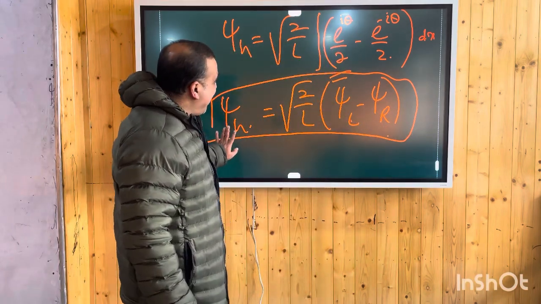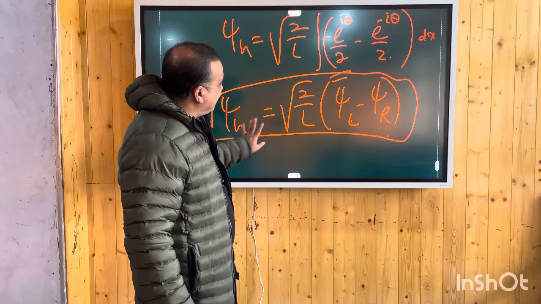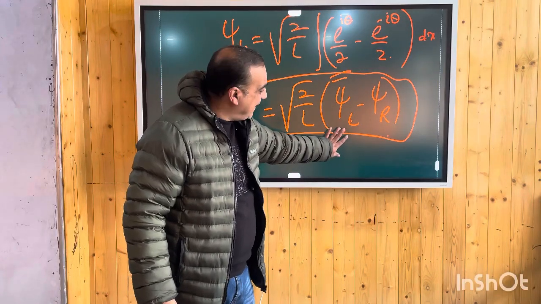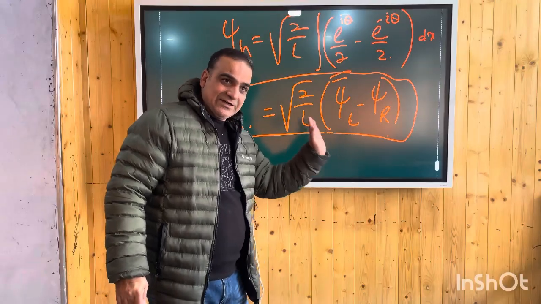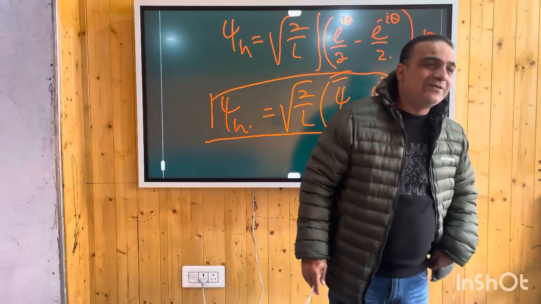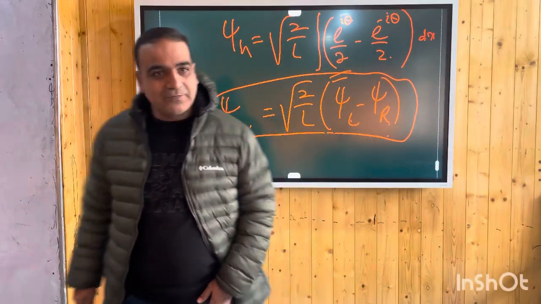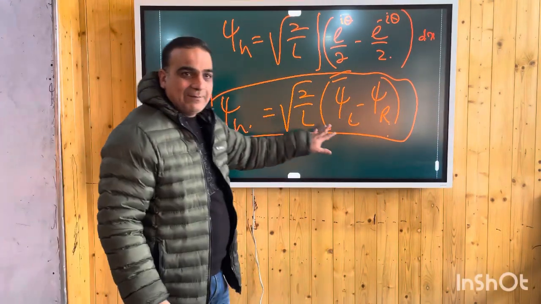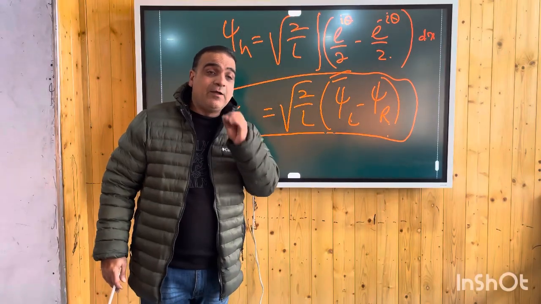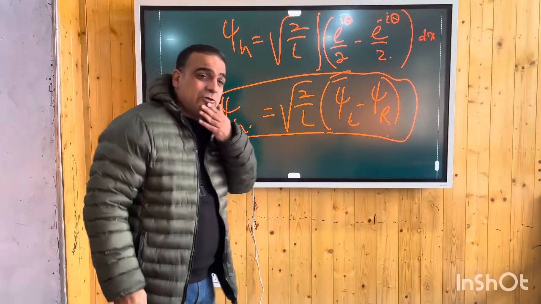So psi n is a superposition between the probability density towards the left and the probability density towards the right. Is this clear? So this is giving us mathematical support for why the expectation value of momentum in the ground state is equal to 0.